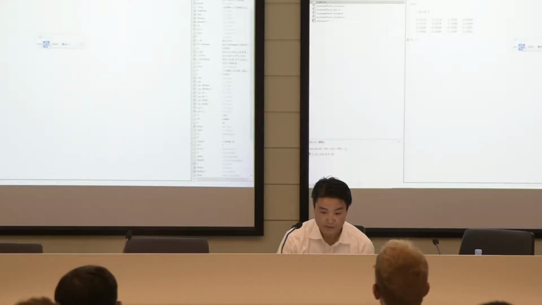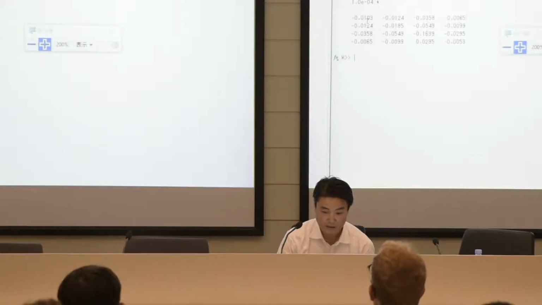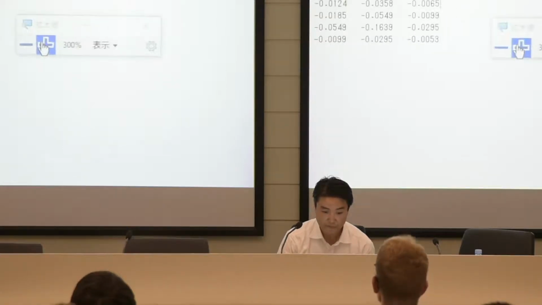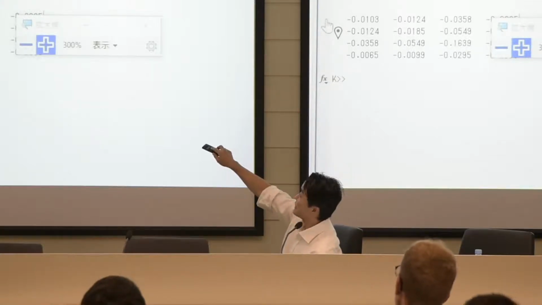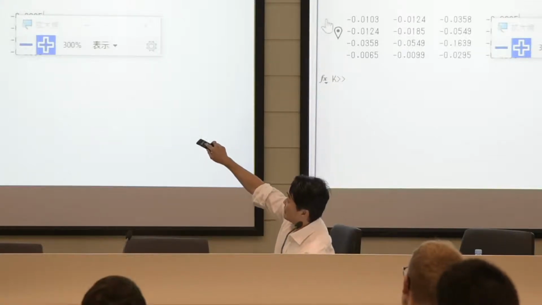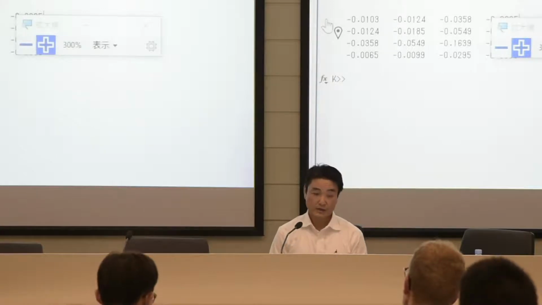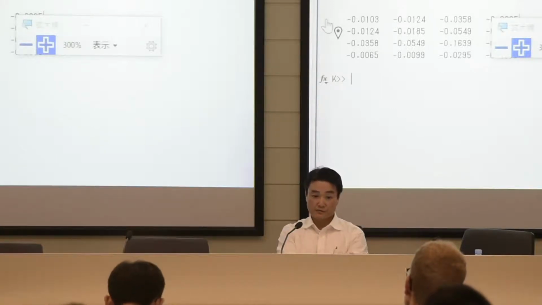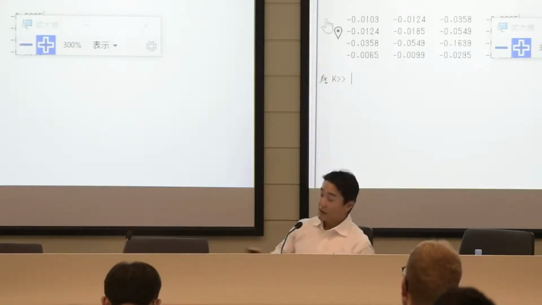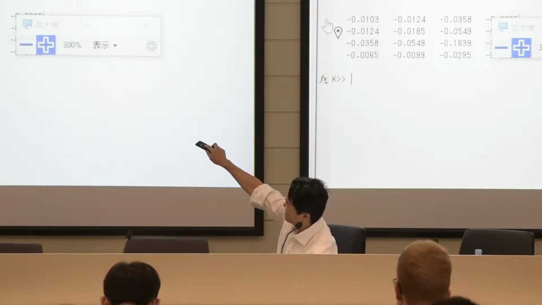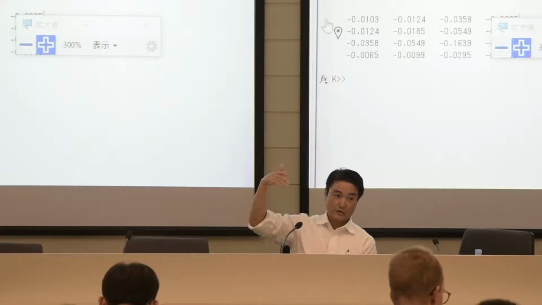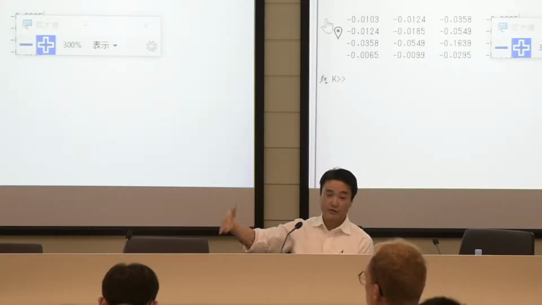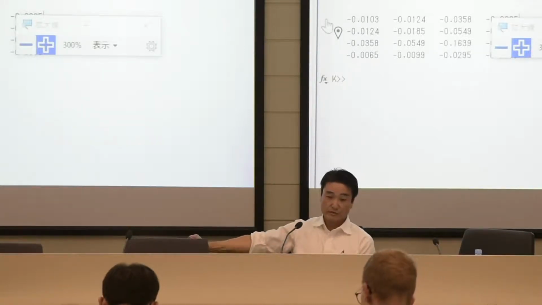Actually, this value is the difference between the solution of the algebraic Riccati equation and the differential Riccati equation. I am taking the subtraction. This is small, not too small, but small means that the differential Riccati equation solution is converging to the algebraic Riccati equation.